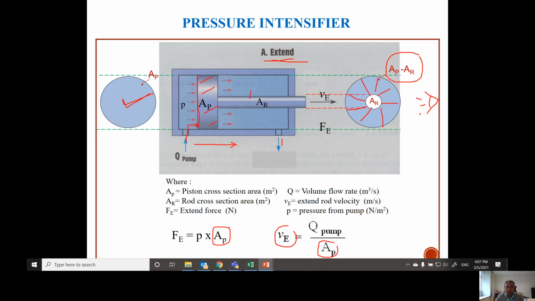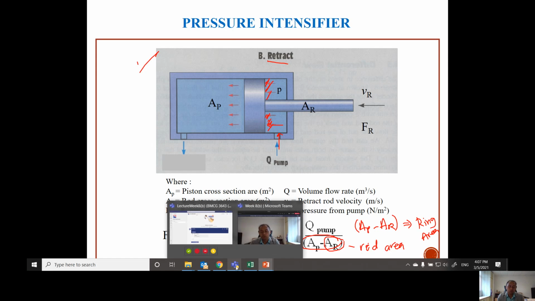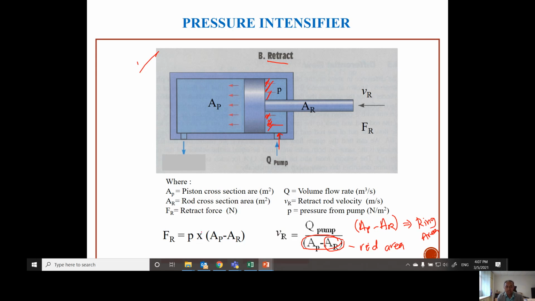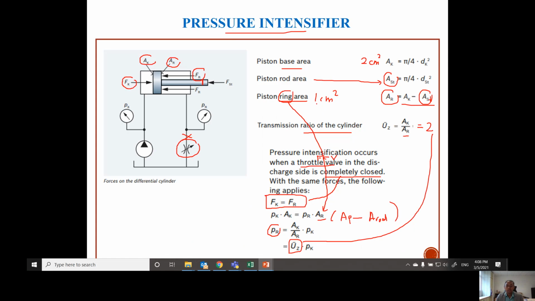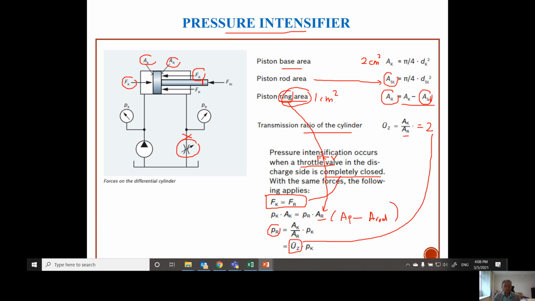For extension it is okay, because for extension you will take only the piston area. But for retraction, it can be confusing if you still cannot differentiate what is meant by this area. And again, I repeat for the last time, the area involved is the piston area minus rod area, or equal to ring area. Okay. And that's all about pressure intensifier.